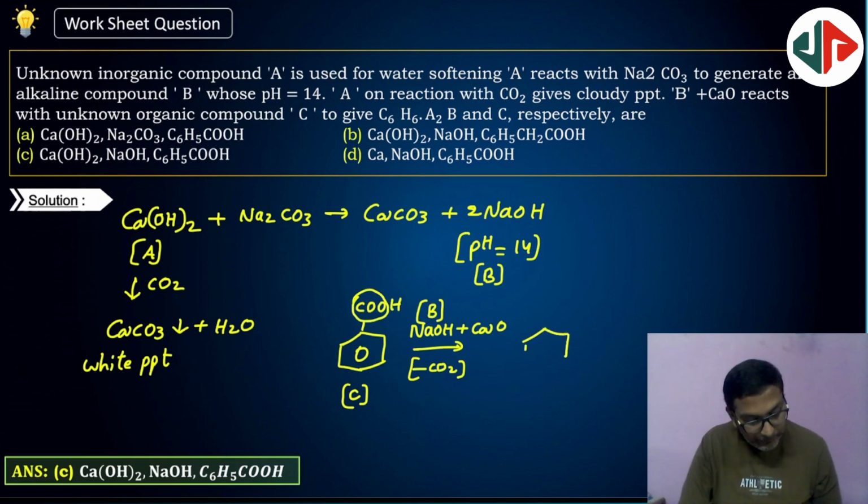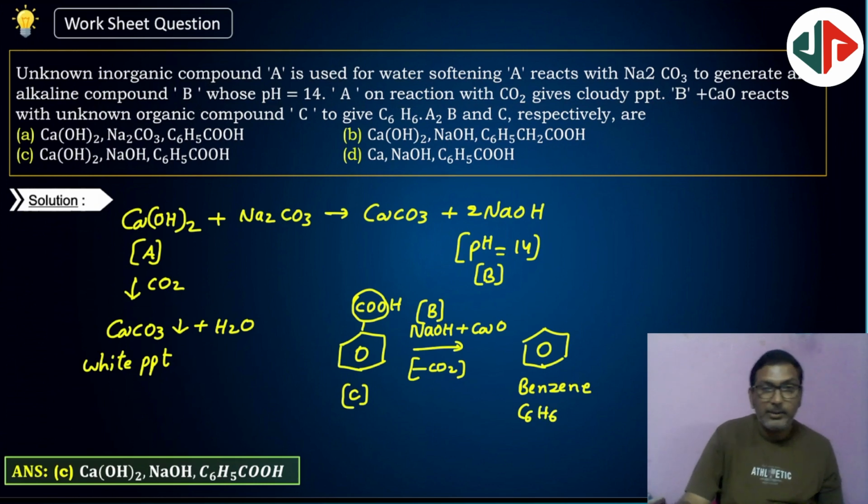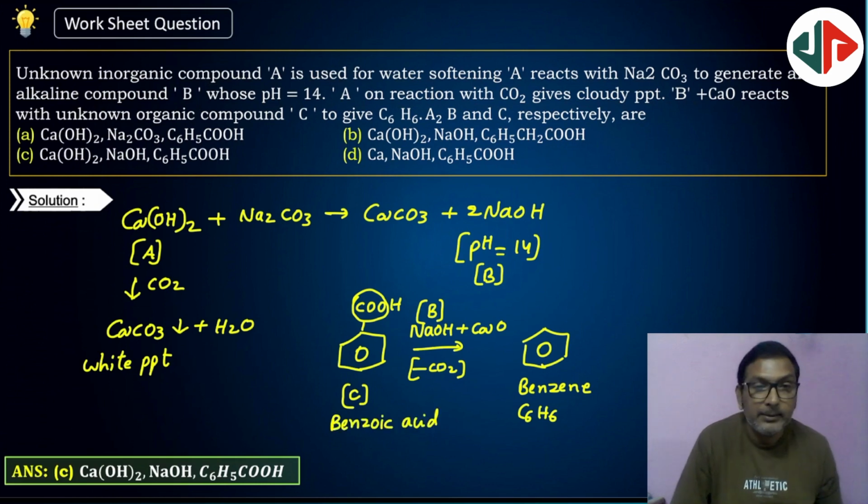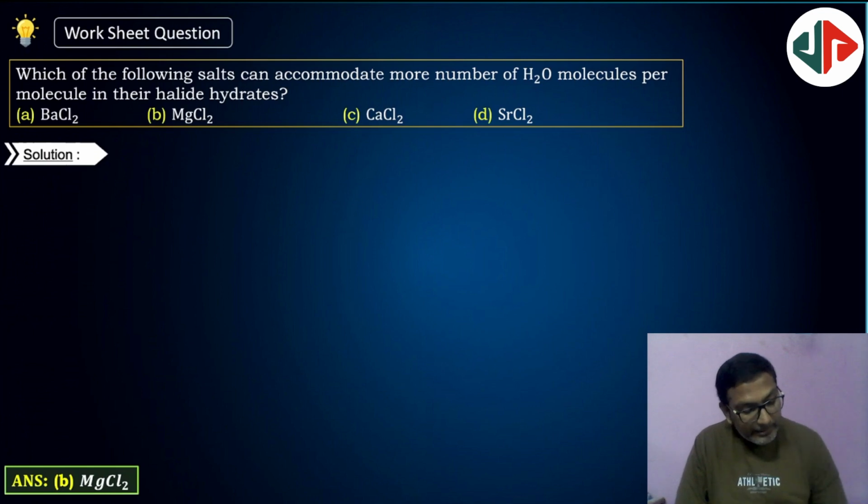It gives benzene, which is C6H6. So decarboxylation reaction, very, very important. Therefore, A is calcium hydroxide, B is NaOH, and C is benzoic acid. So option C.